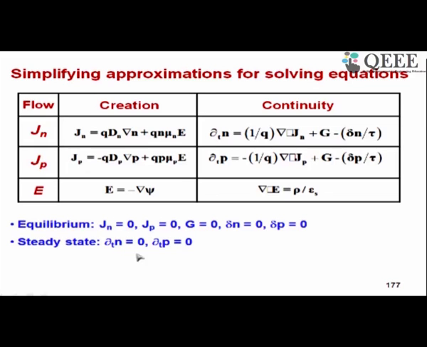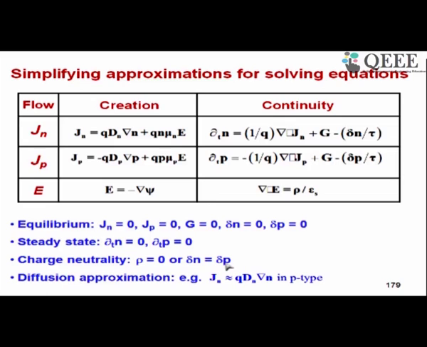Steady state, in this situation these two left hand side terms will become 0, okay, dou n by dou t and dou p by dou t. There will be no variation of quantities with time. So that is how the situation gets simplified. Charge neutrality. Suppose some region is charge neutral, it means the space charge here rho is 0, okay, and delta n is equal to delta p.